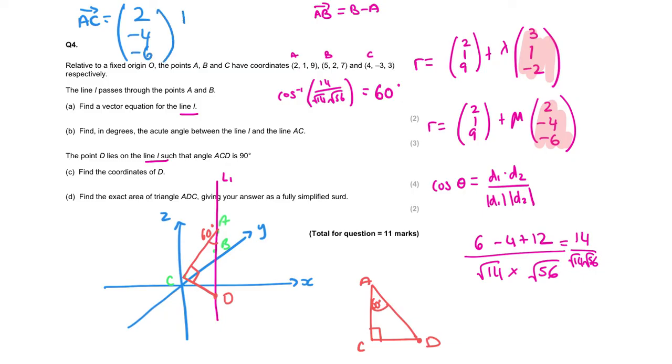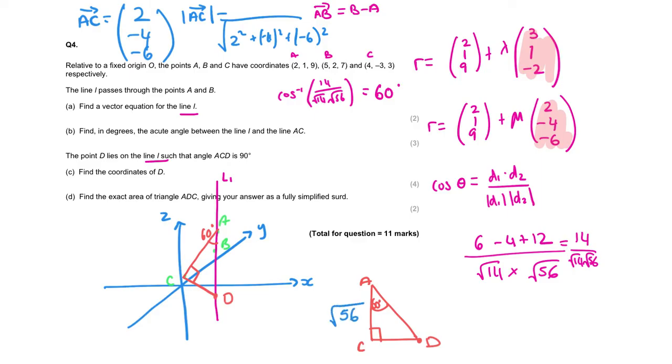So the magnitude of AC is the square root of 2 squared plus minus 4 squared plus minus 6 squared, which is 36. So 4, 20, 56 I get. So this is root 56.